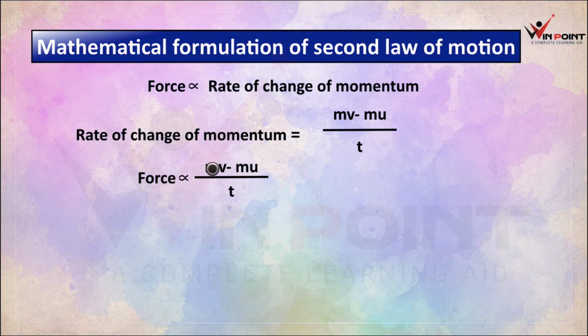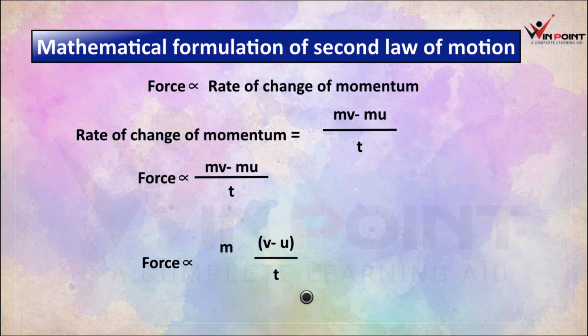Here this m is common. mv has m, mu also has m. We can take this m out, right? Force is proportional to m into (v minus u) upon t, since m is common in both terms. So we are taking it out. What is this (v minus u) by t?